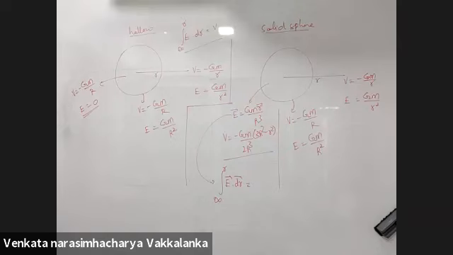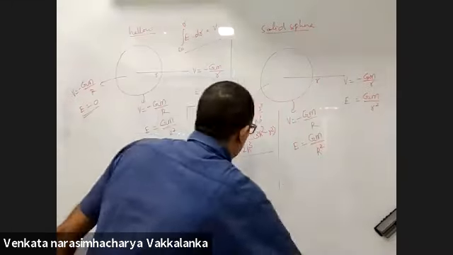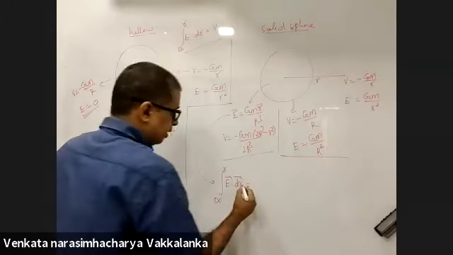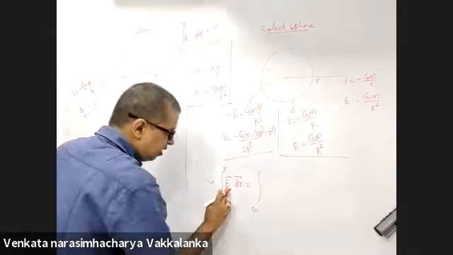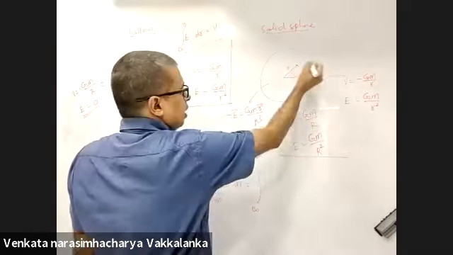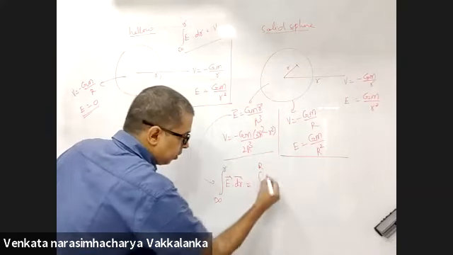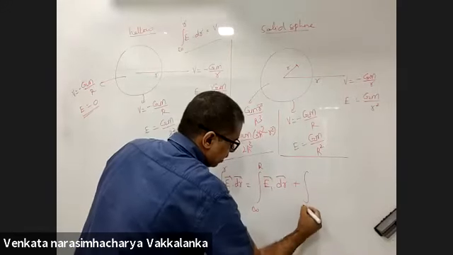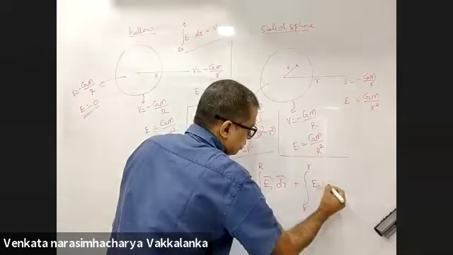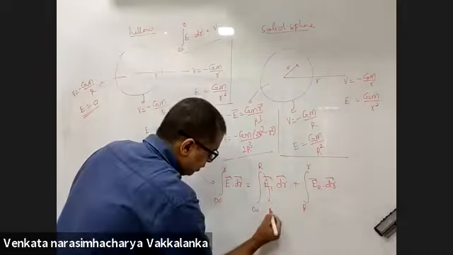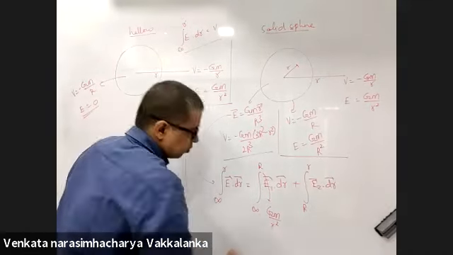Sir, do we have to integrate from infinity to capital R, then capital R to small r? Perfect. Because this field is defined only inside the sphere, the field is not the same from infinity to small r. Infinity to capital R will be E1 dot dr plus capital R to small r is E2 dot dr. E1 value you know is GM by R square.